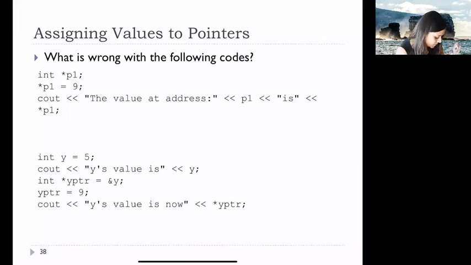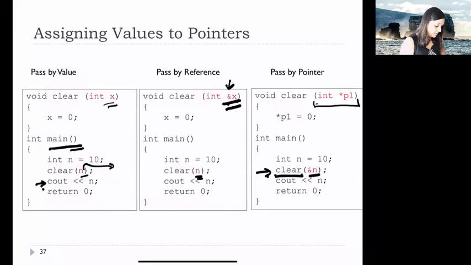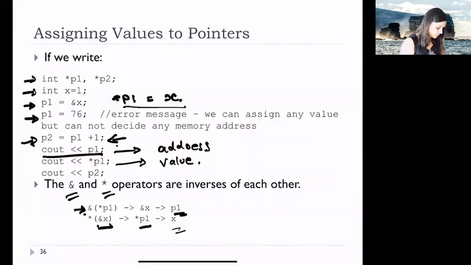Okay, I assume this is sufficient time for you to identify the error by yourself. Let's see what's happening in this program. We are initializing the pointer int pointer p1, and then we are saying that, hey, I want to store 9 in this pointer p1. Did we do something like this before?